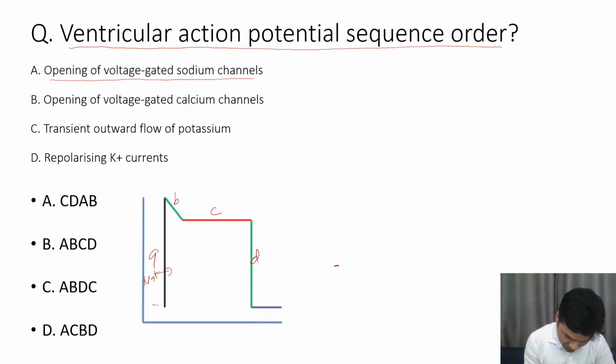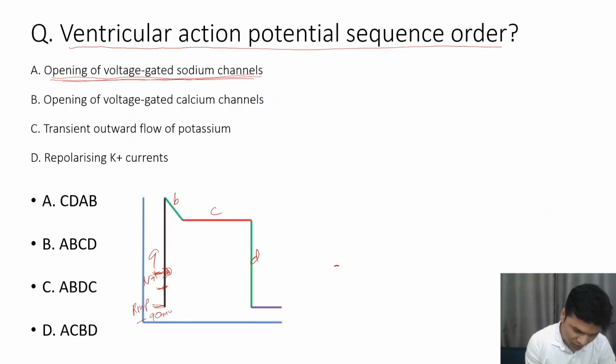Suppose this is the resting membrane potential, RMP, minus 90 millivolt. From minus 90 millivolt, here is the threshold potential, and after that there is a depolarization wave. So sodium entry, depolarization, and then an early phase of repolarization. D is the early phase of repolarization. A is because of the sodium influx through the voltage gated sodium channel.